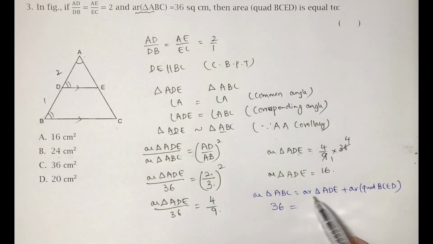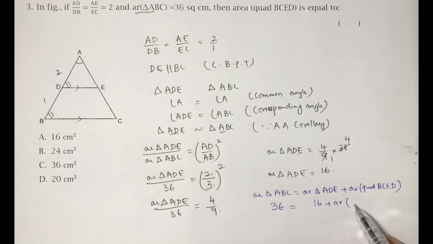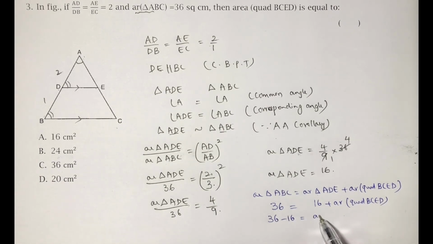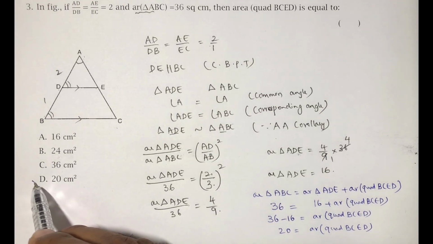Area of triangle ADE, just now I got 16. So area of quadrilateral BCED: 36, if we transpose 16, 36 minus 16, area of quadrilateral BCED is nothing but 20. Area of quadrilateral BCED is 20 centimeters square. So the correct option is D.